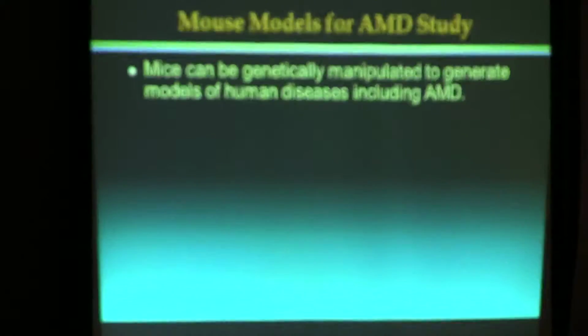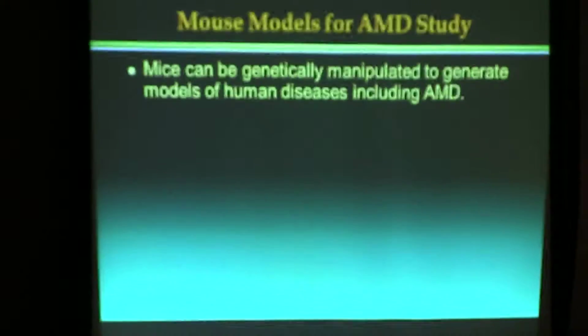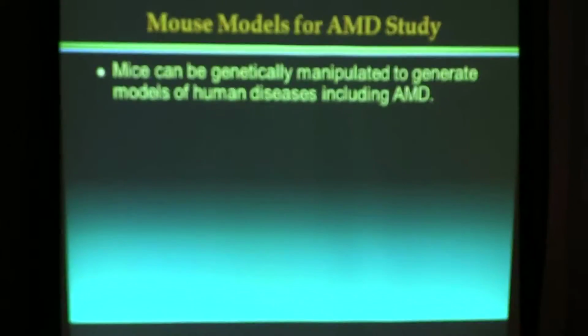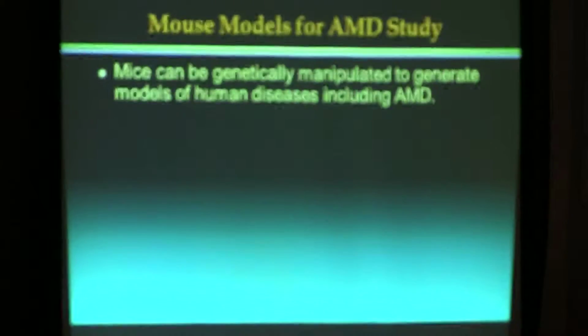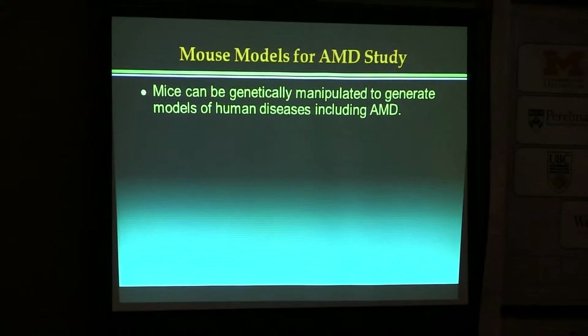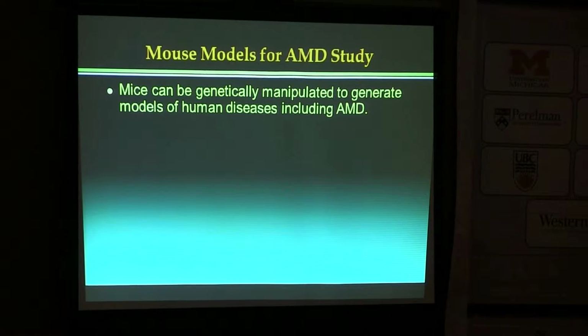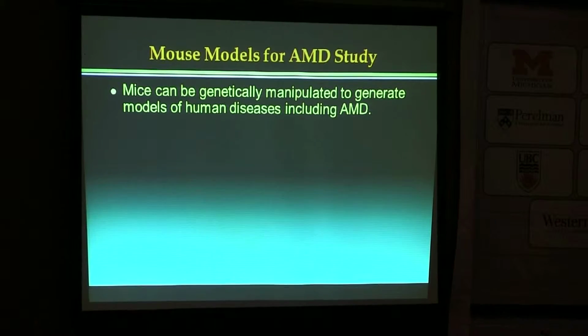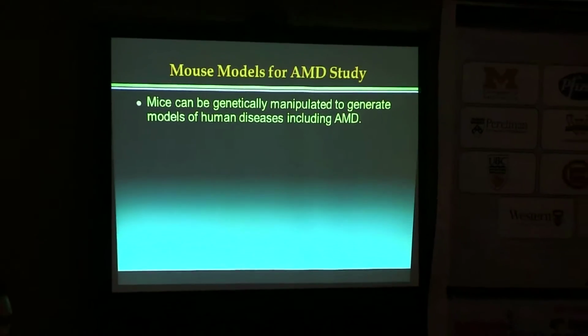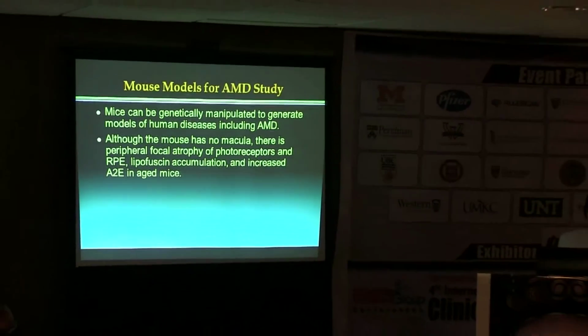And we know that the most common model for human disease nowadays is the mouse model. The reason, of course, is mouse is much cheaper and produces quickly. And the main reason is mouse can be genetically manipulated to generate models of human disease, and many diseases, that also including AMD.